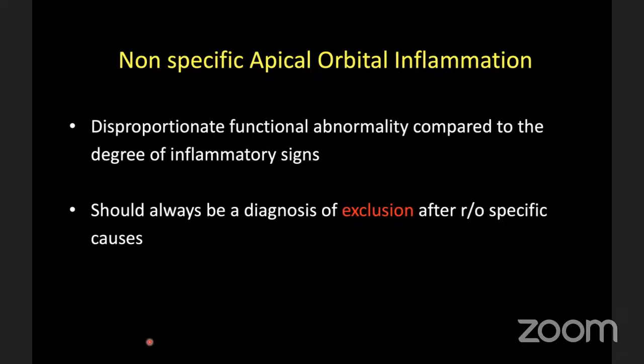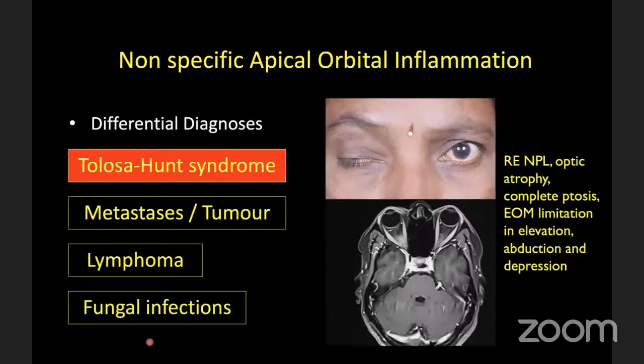So only after all the specific causes, all the gamut of things that we discussed, are ruled out is when we would come to the conclusion that it is non-specific. So what are the specific apical orbital inflammations? It could be Tolosa-Hunt syndrome, it could be metastasis or tumor, and lymphomas or fungal infections, all of which would have a specific history, and that is how you would rule them out and then diagnose it to be non-specific.